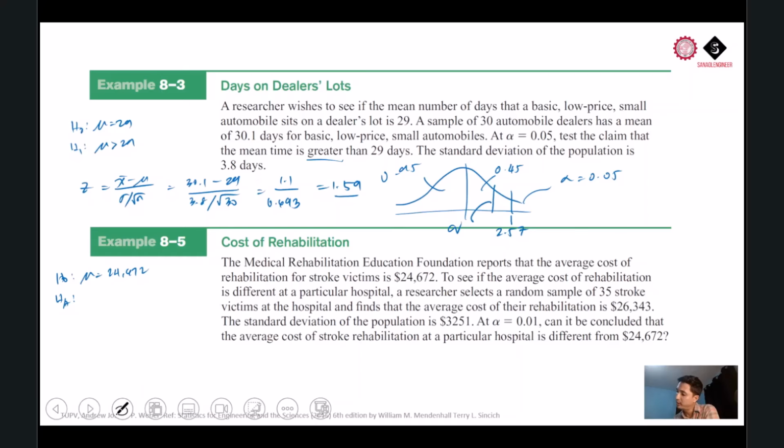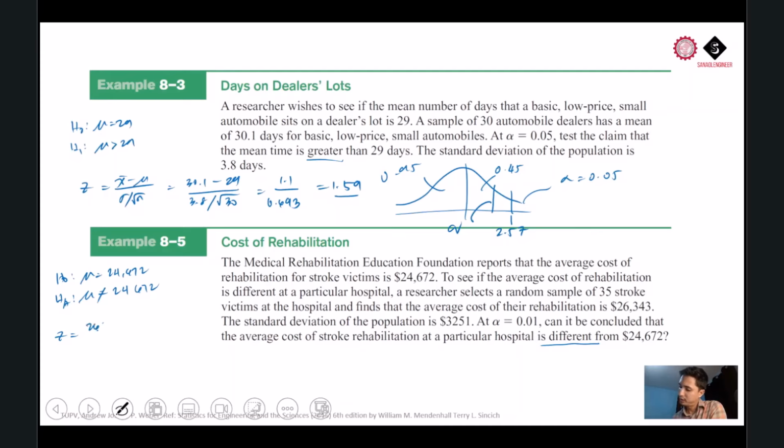Okay, so the keyword is different, it's unequal. So for the test value, we have the sample average cost of 26,342.